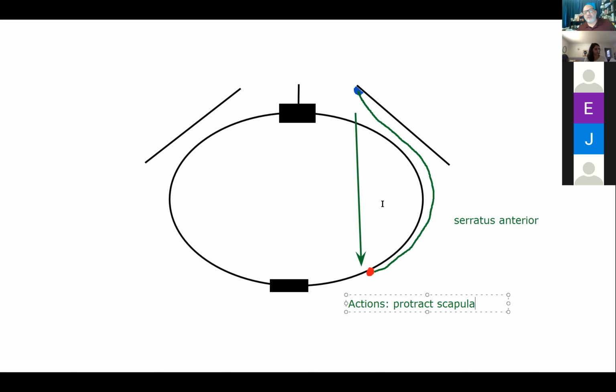However, as we've also talked about, these pesky ribs are in the way. So to bring the scapula forward, I have to wrap it around the ribs as well. So protracting the scapula, remember, we could also refer to as abducting the scapula.